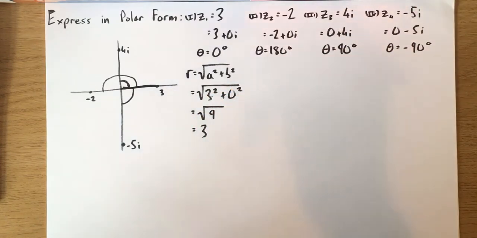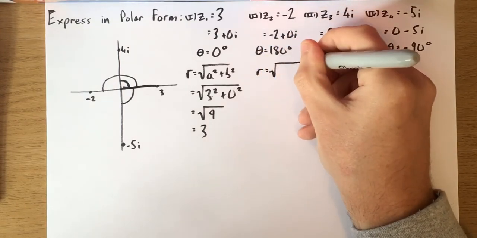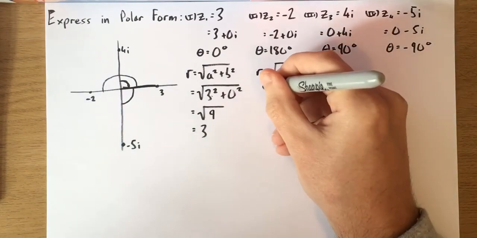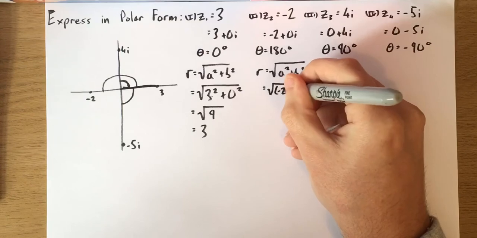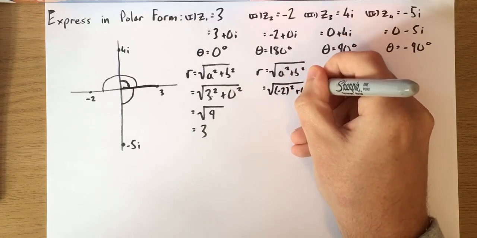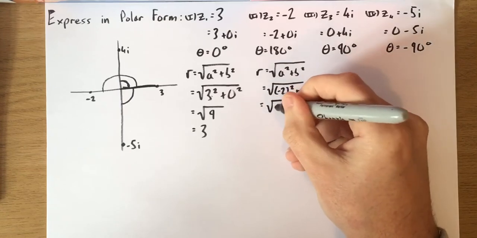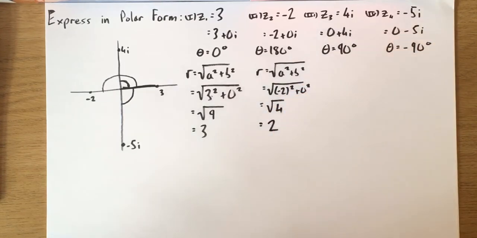All right. For -2 then, again, modulus is root of a squared plus b squared. A will be -2, so -2 squared plus 0 squared. -2 squared is +4. So square root of 4 then is 2.